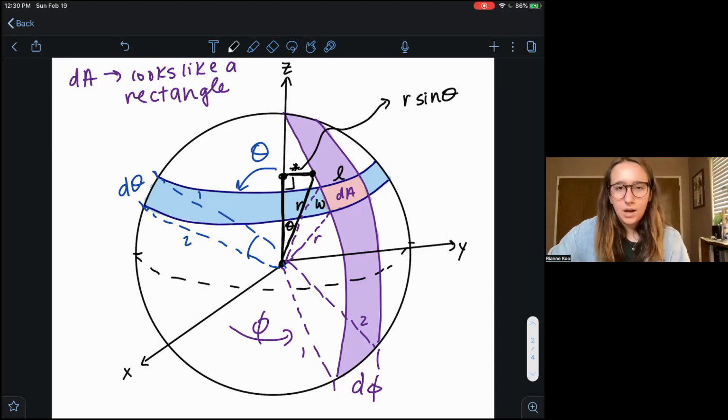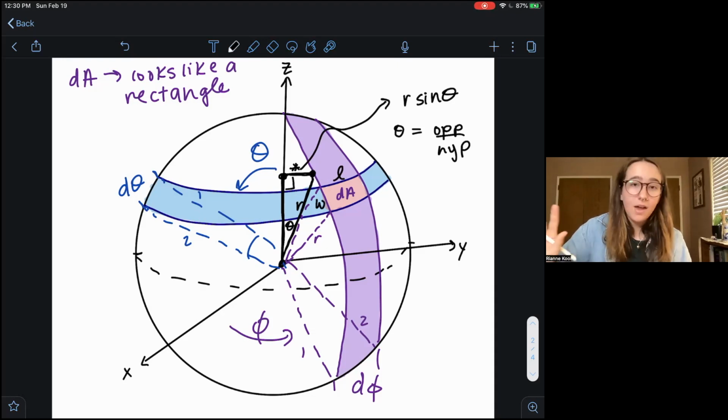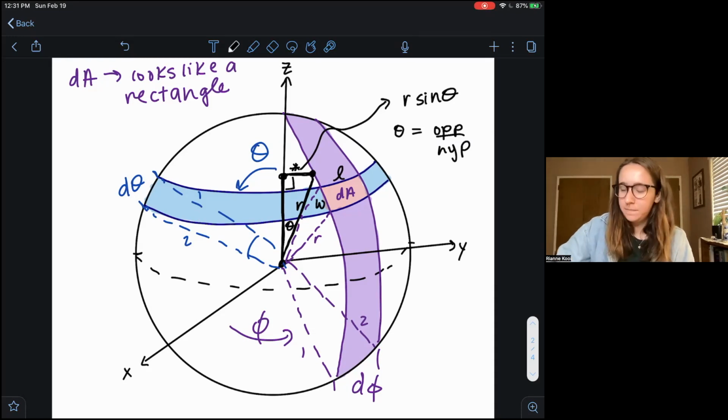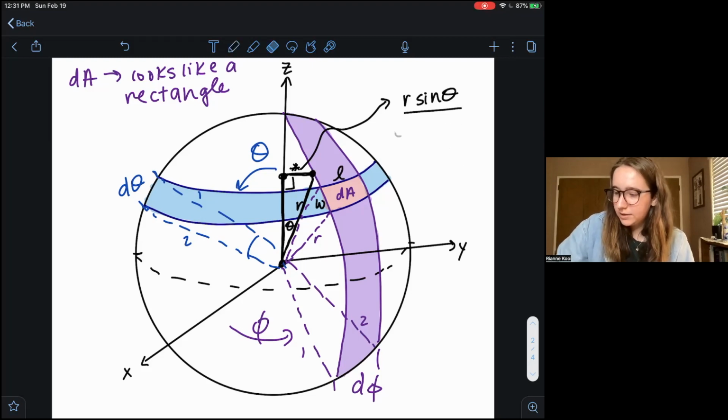And that is because theta is defined as the opposite over hypotenuse. So our hypotenuse is r, and we're trying to find what this value with the star is, and that is our opposite value. So theta is in the corner, and the opposite side is that starred side that we're trying to find. So our starred side is just r sine theta. So let's keep that in mind, and let's find our length and our width.